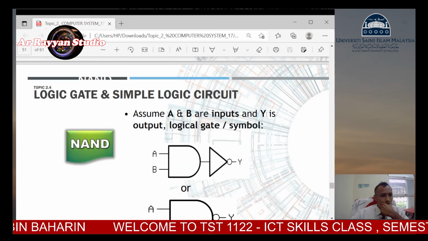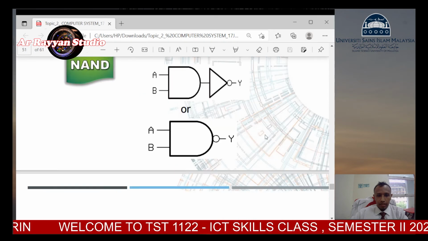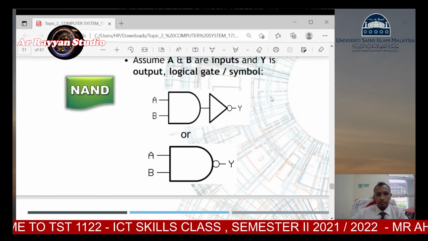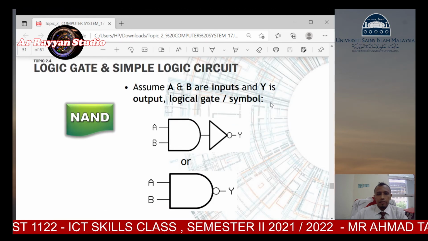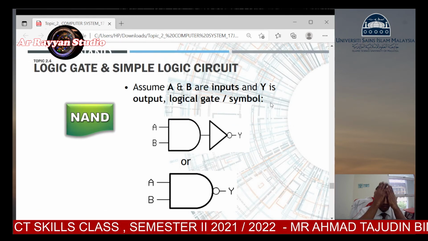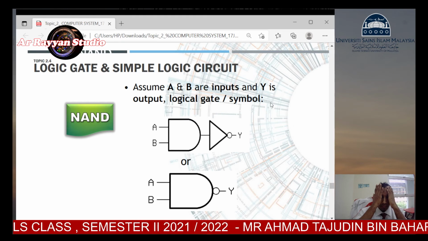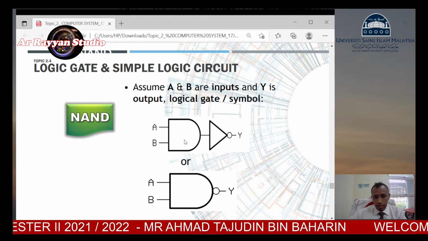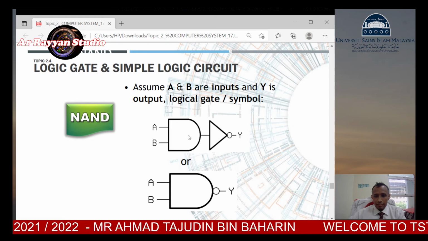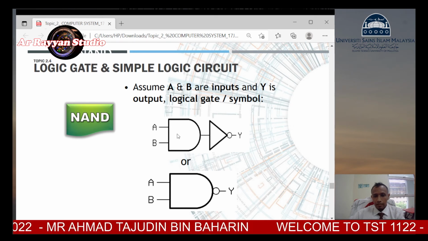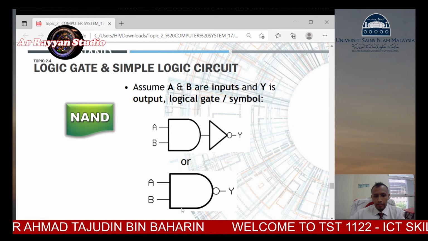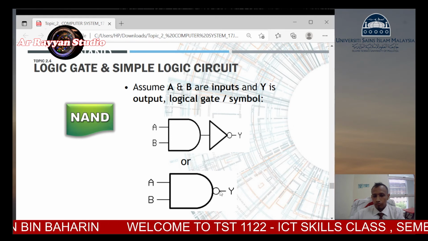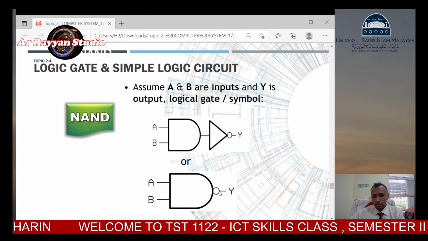This is example of NAND gate. NAND adalah combination from AND and NOT right. So dia akan represent sama ada dalam bentuk macam ni, AND NOT, ataupun AND and then this is, we call it as a NOT also. The bulat kecil ni. Not.